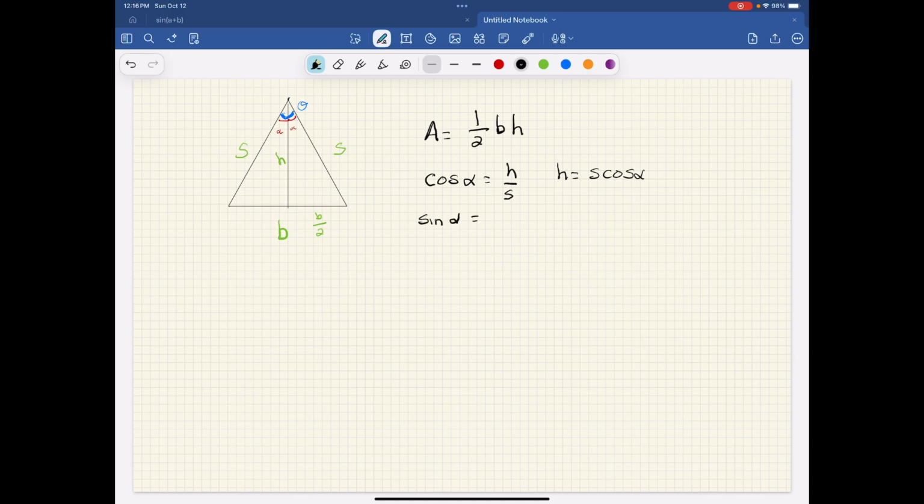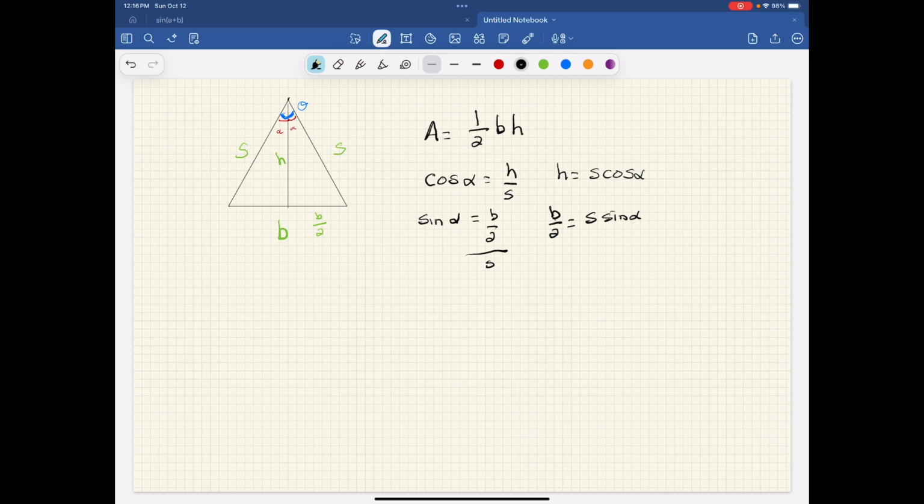Well, that's going to be the opposite side over the hypotenuse, so it's going to equal b over 2 all over s, so that b over 2 equals s times the sine of alpha.